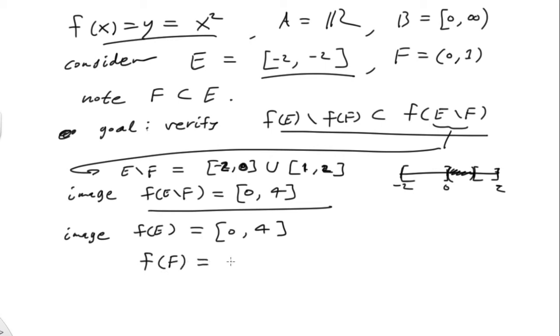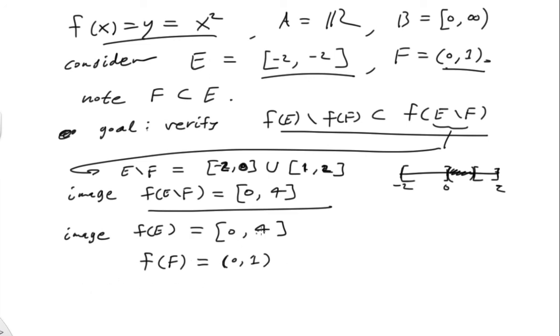This, of course, is equal to 0, 1, right? If I take this open interval and I plug all those values into x squared, I'm going to get essentially the same set.